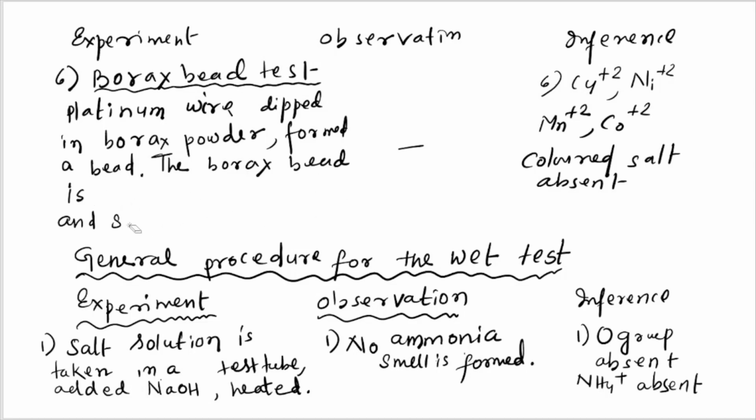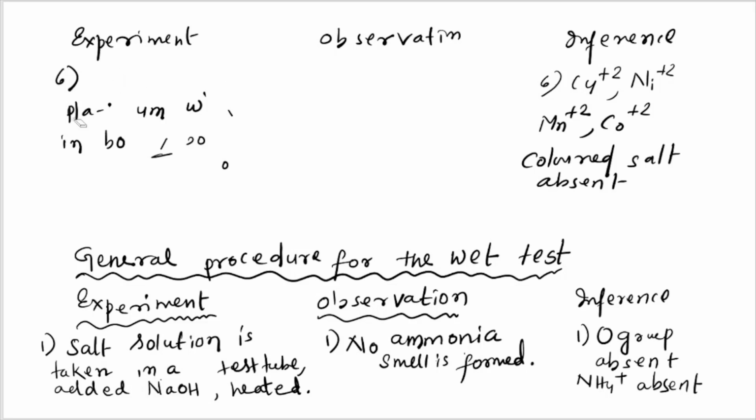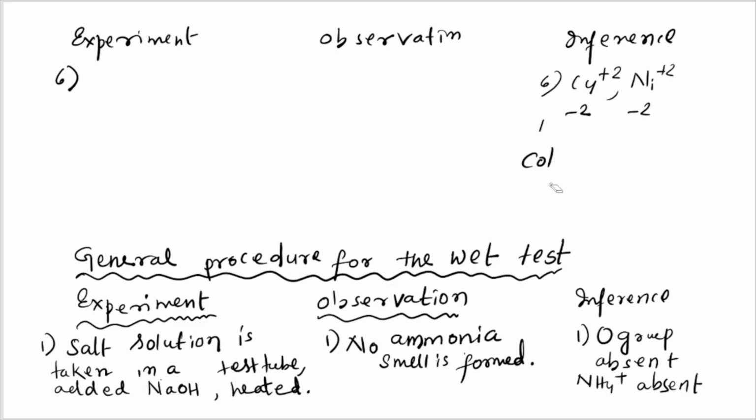If it is not colored, how can you prove that the borax bead test is necessary? So directly you write, since my salt is not colored, this test is not necessary. Unnecessarily you would do the test, and lastly you see this is not a colored salt, so no colored salt is present. So better you write, as my salt is not colored.